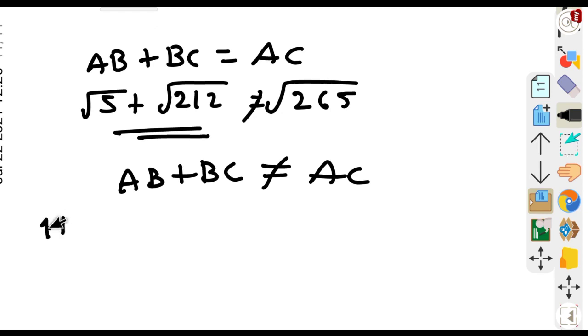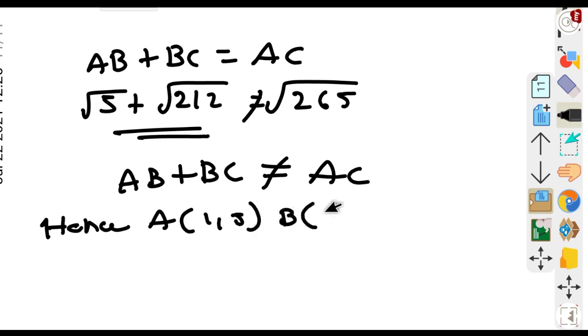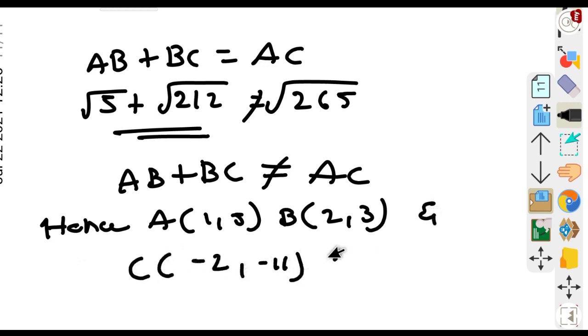I'll write the coordinate points also: A of (1, 5), B of (2, 3) and C of (-2, -11) are not collinear points.